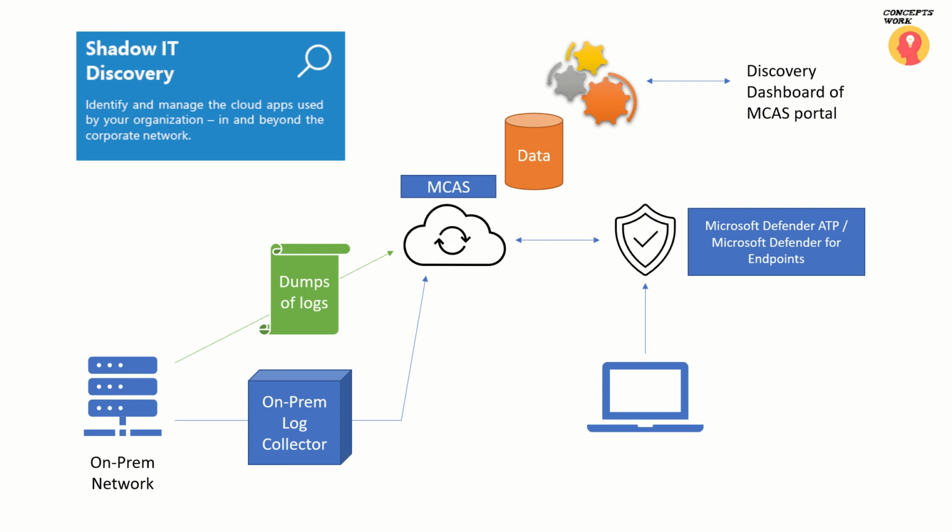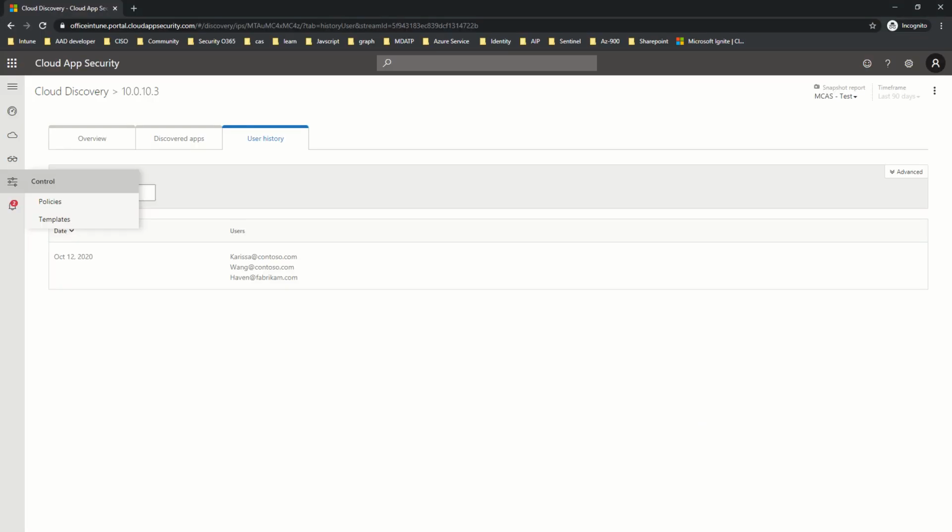I'm going to create a snapshot report, a manual report, and upload some logs, and depending upon those logs we'll start getting results on the console itself. So I'm going to switch to my browser where I'm signed in as global admin to the MCAS portal, and then I'll show you how you can achieve it.